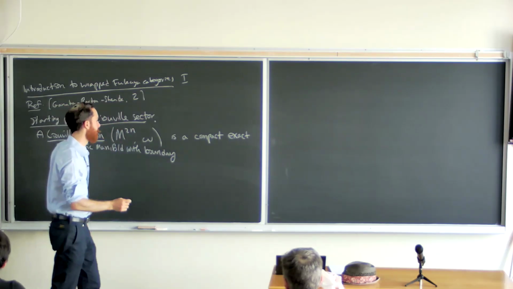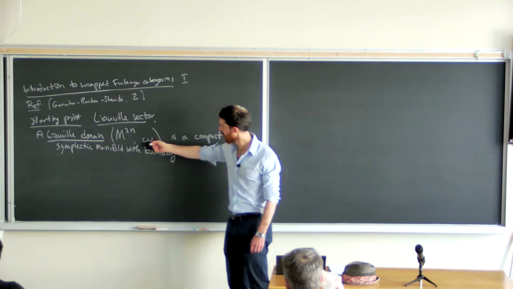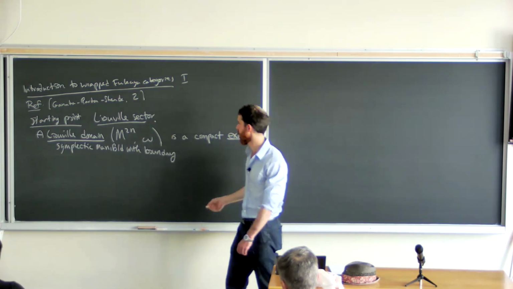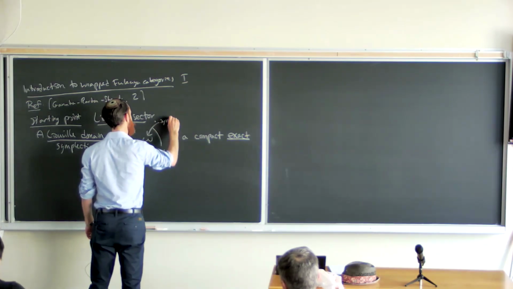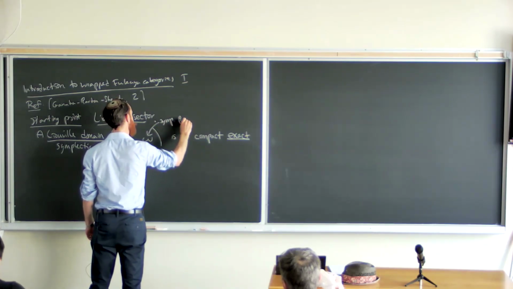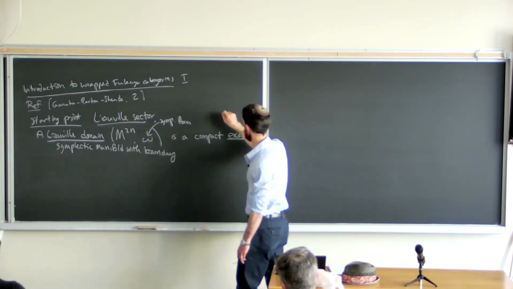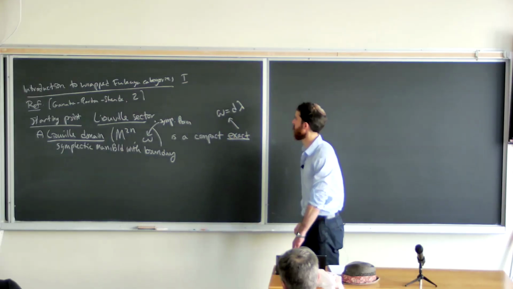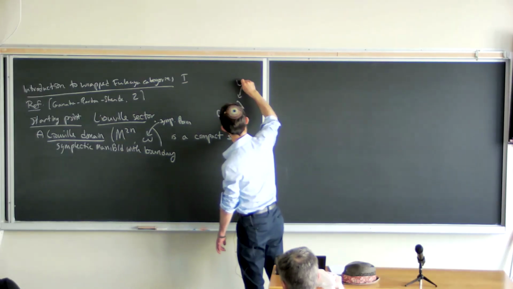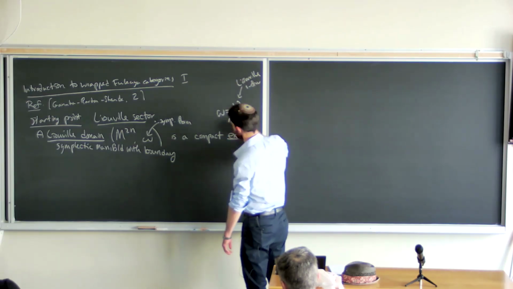The word exact here tells you that the symplectic form is exact. So omega is equal to d lambda for some one form lambda, which is the Liouville one form.